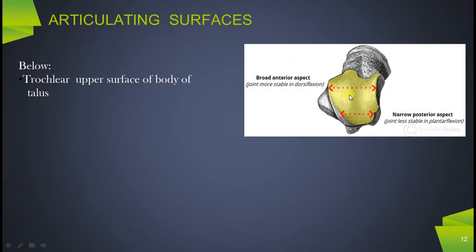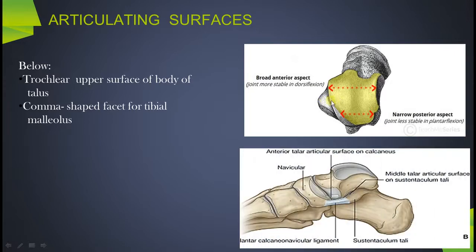Apart from that, it also has two facets on either side. A comma shaped facet for the tibial malleolus is on the medial side. It is a small facet present only on the upper medial surface and anteriorly.